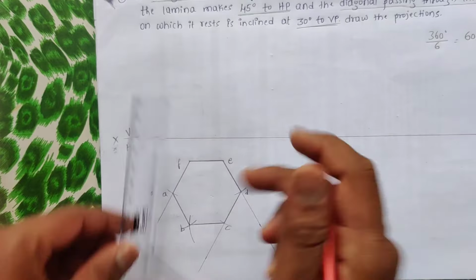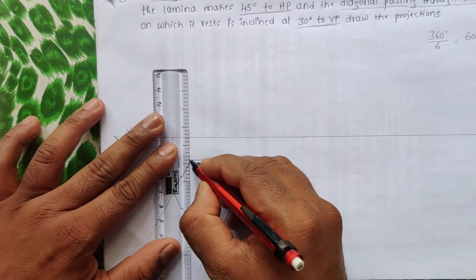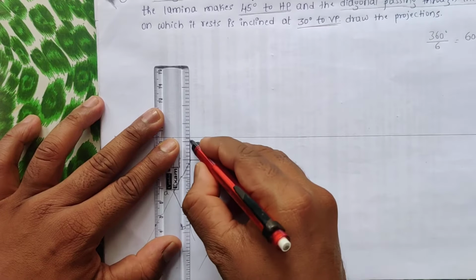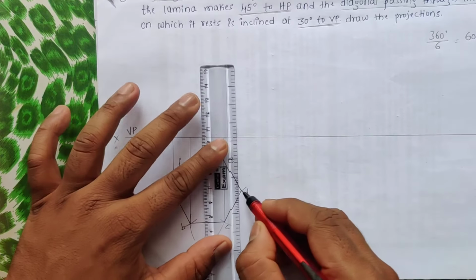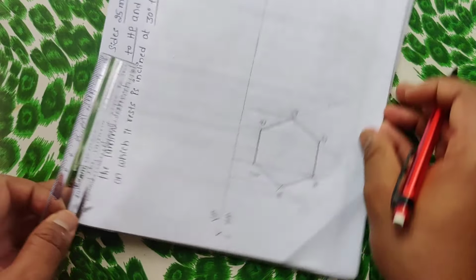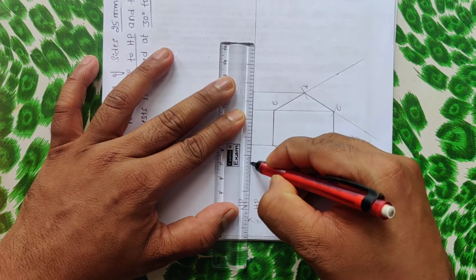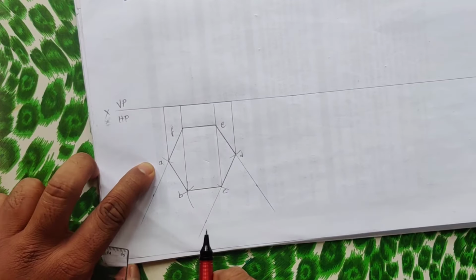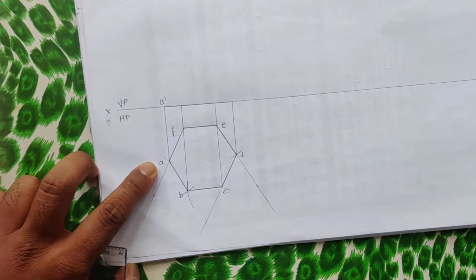Now to get its front view, project all the corners. This B and F will get in the same line. Similarly this C and E will get in the same line, and D like this. Now we just increase the thickness here, because it's our front view. Now we can completely see A. There is no disturbance here. So this will be our A dash.